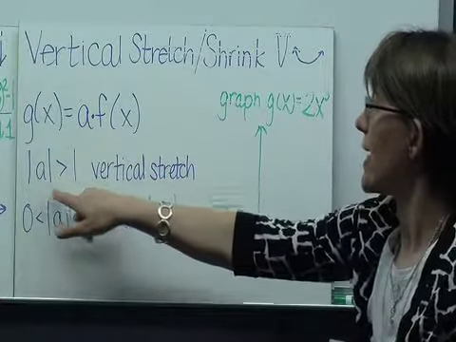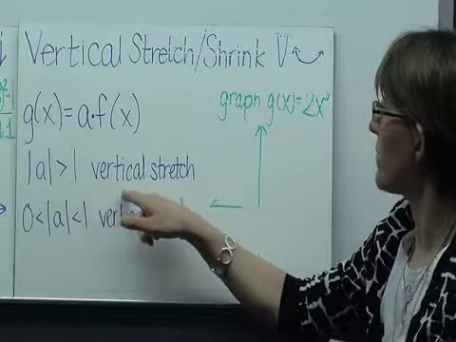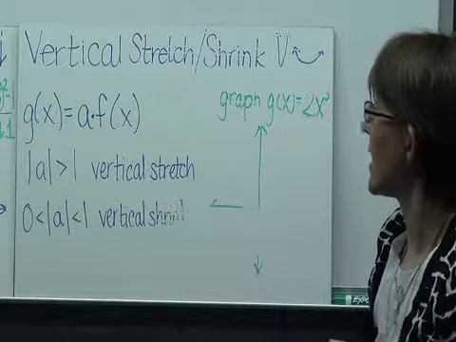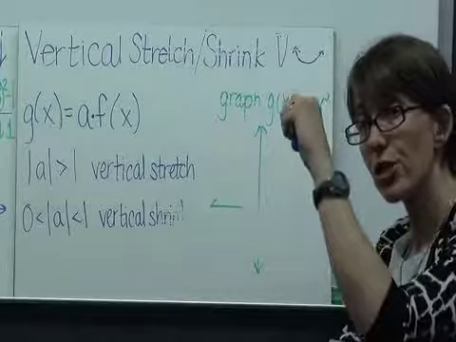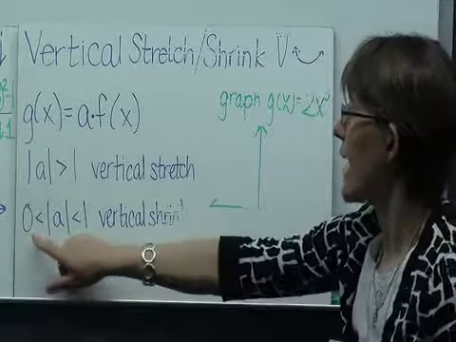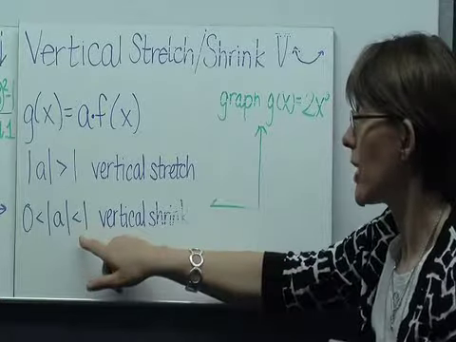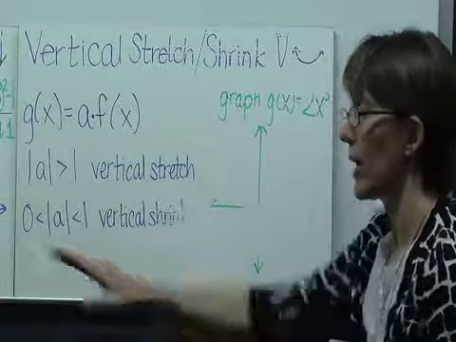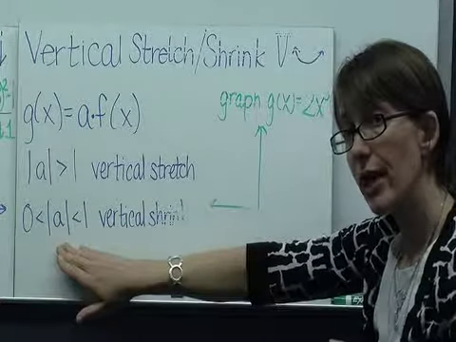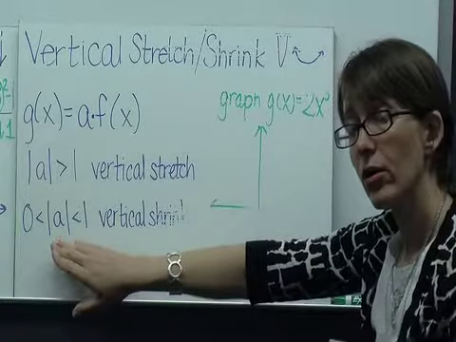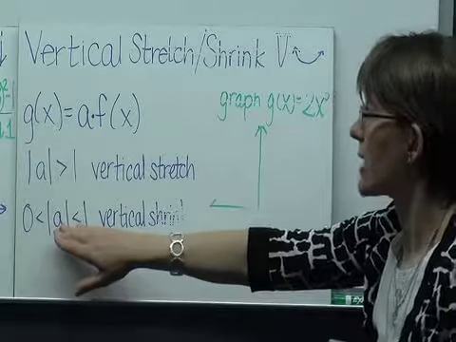If the absolute value of a is greater than 1, we end up with a vertical stretch. If the absolute value of a is in between 0 and 1, this is a vertical shrink. Now I've put the absolute value of a here for a reason. We'll see more about this in the next slide.